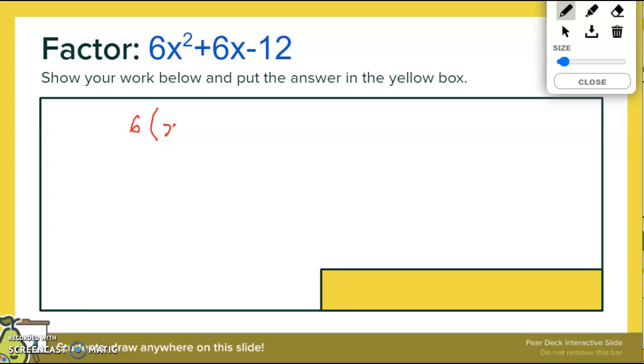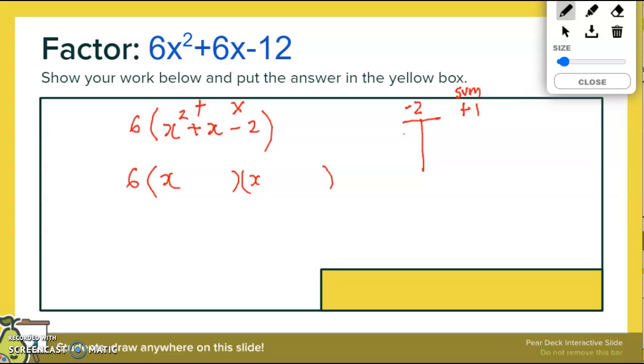That becomes x squared plus x minus 2. Easy. Because this is the easy type, I can look for two numbers that multiply to negative 2 but add to positive 1.